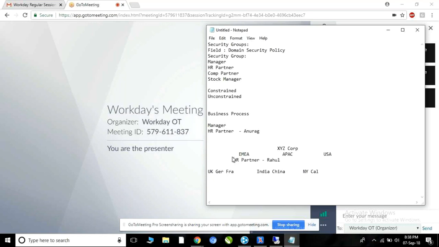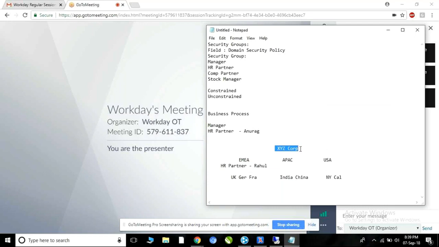Rahul can be the HR partner for EMEA, UK, Germany, and France. Even if he's not specifically for UK, Germany, or France, since he's at the higher level, he has all the rights to see everything under the UK, Germany, and France. But he will not have the rights to access the APAC or USA organization hierarchy, or XYZ Corp. Is that making sense?